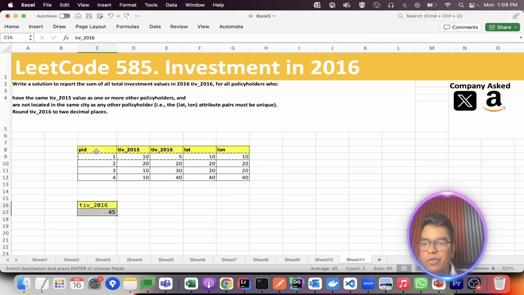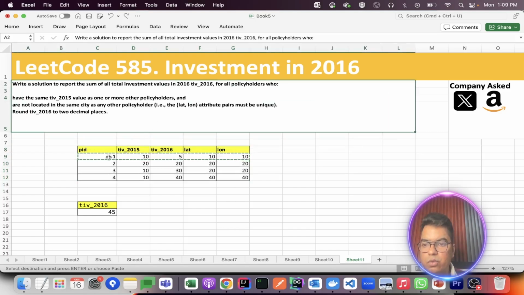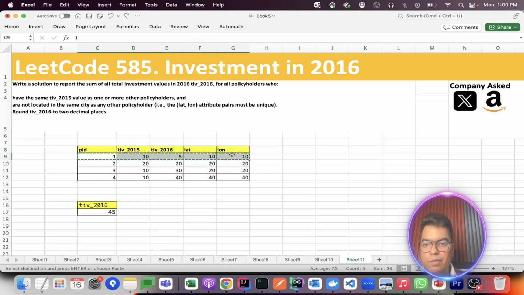So we are given this table. The first condition is to have the same TIV 2015 value as one or more other policy holders. If we consider this row, it can only participate in the solution if its 2015 value matches that of any other policy holder. Since PID is unique, every row is unique here.